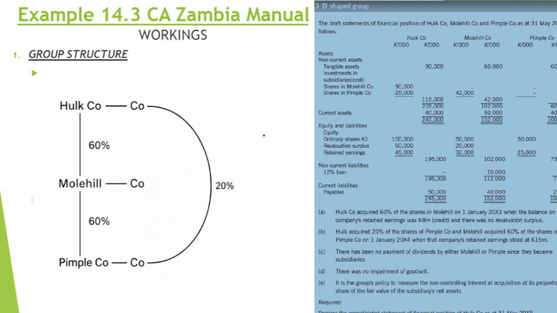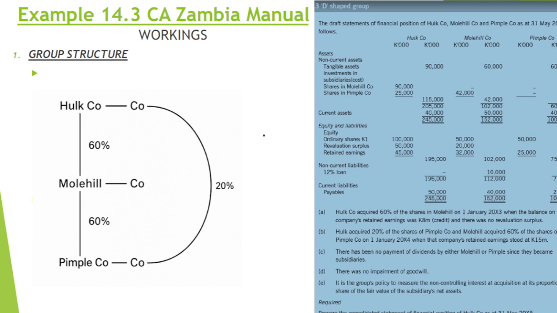The other percentage, which is 40%, is for the non-controlling interest in Mohill company. Now the other part here forms this shape as a result of the 20% which was acquired directly in Pimpo company by Hook company.